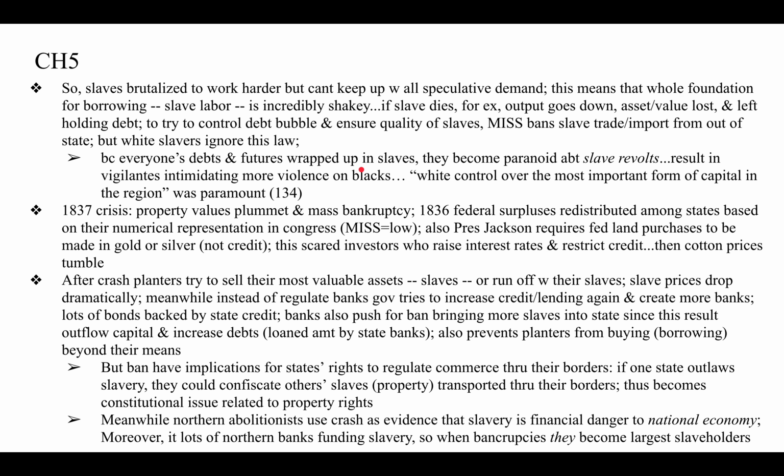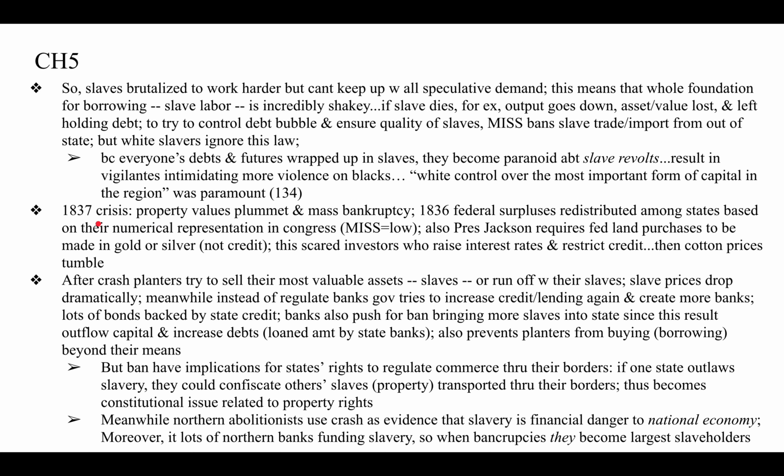And they became paranoid then about slave revolts, about all of their capital investment suddenly turning against them. And this resulted in vigilantes intimidating more violence on blacks. And as Rothman says, white control over this was a form of white control over the most important form of capital in the region.